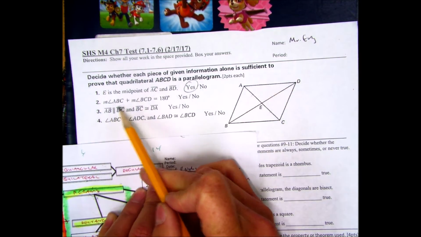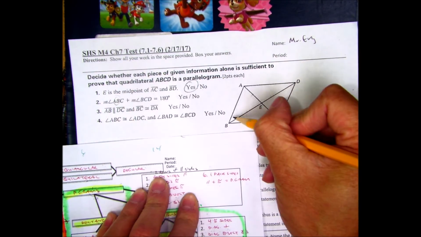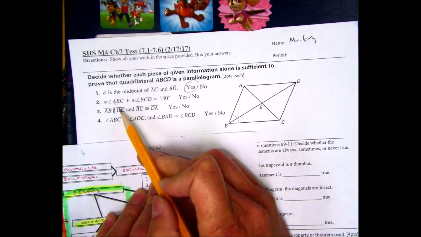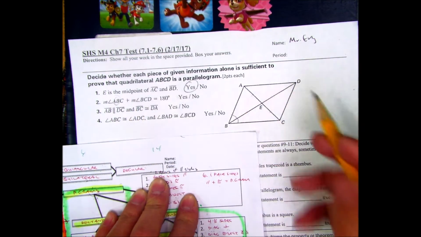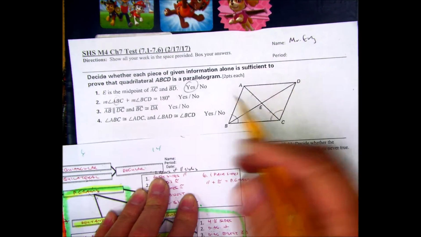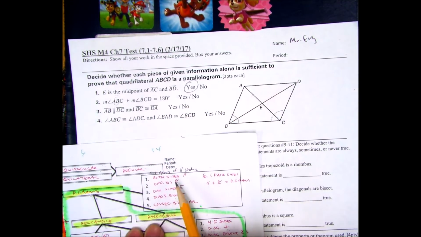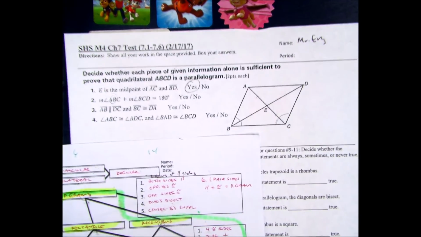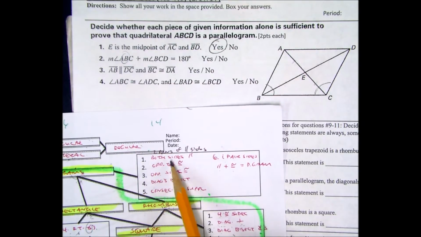The measure of angle ABC, so this big angle down there, remember the second letter is B, so you can basically say this whole angle, and the measure of angle BCD, so over here, is equal to 180 degrees. Well, if it's a parallelogram, then I know that, see how the Paw Patrol, my kids' stickers, both sides are parallel.